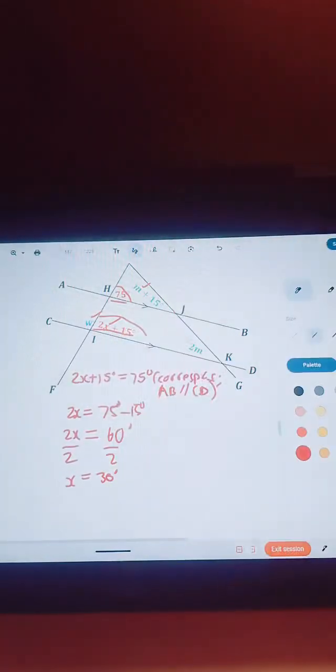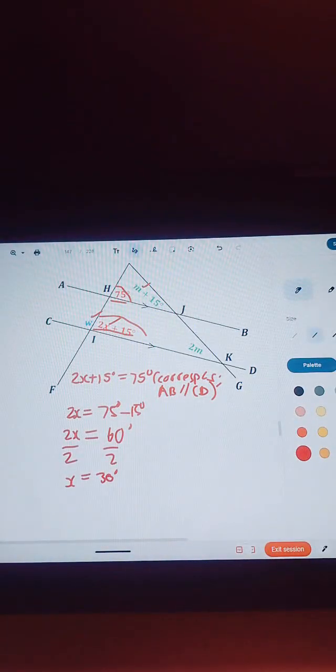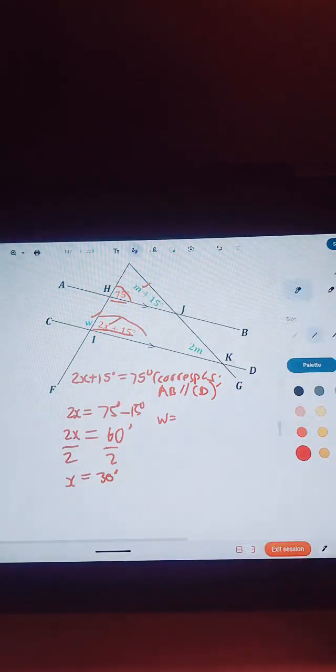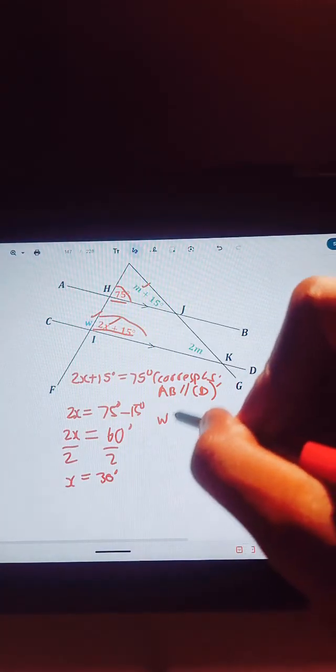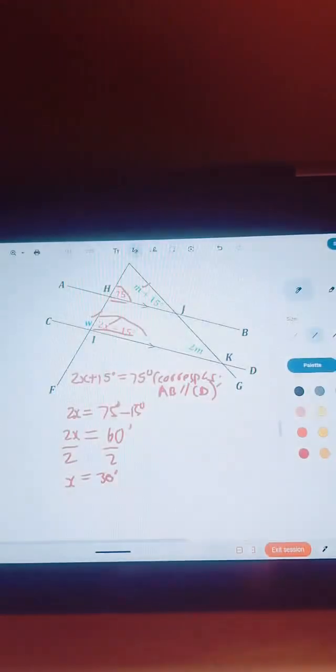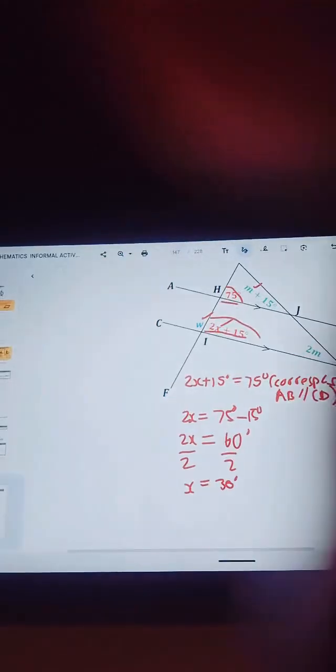W is next to 2x plus 15. And we already know what x is, right? So let's look at the following.